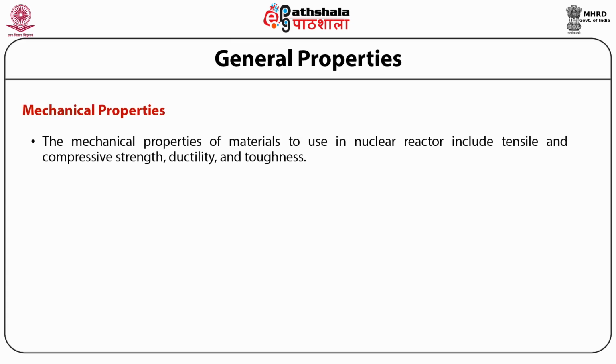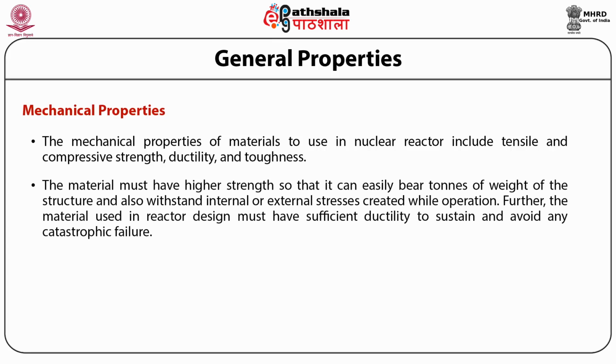The mechanical properties of materials to use in nuclear reactor include tensile and compressive strength, ductility and toughness. The material must have higher strength so that it can easily bear tons of weight of the structure and also withstand internal or external stresses created during operation.